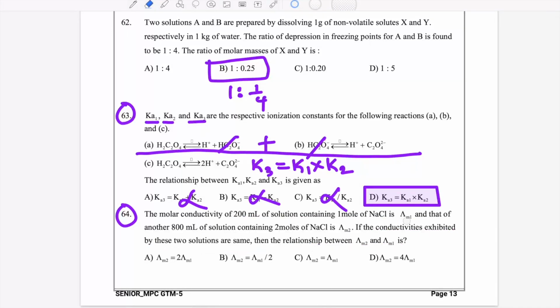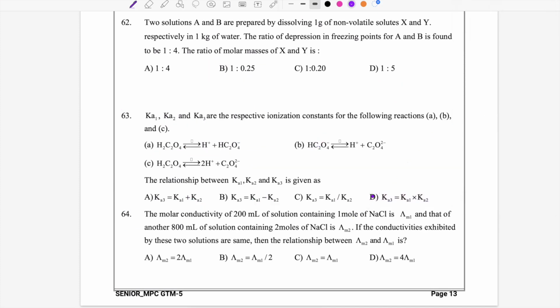We have to figure out the molalities first. For the first solution, we will find the molality. Molality is equal to number of moles, and it's 1 mole, divided by the volume. So we got 200 ml, that is 1000 divided by 200.